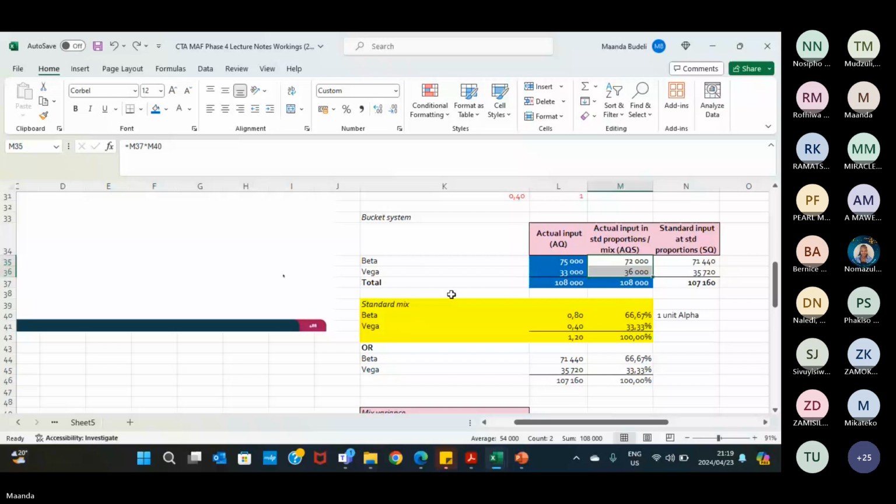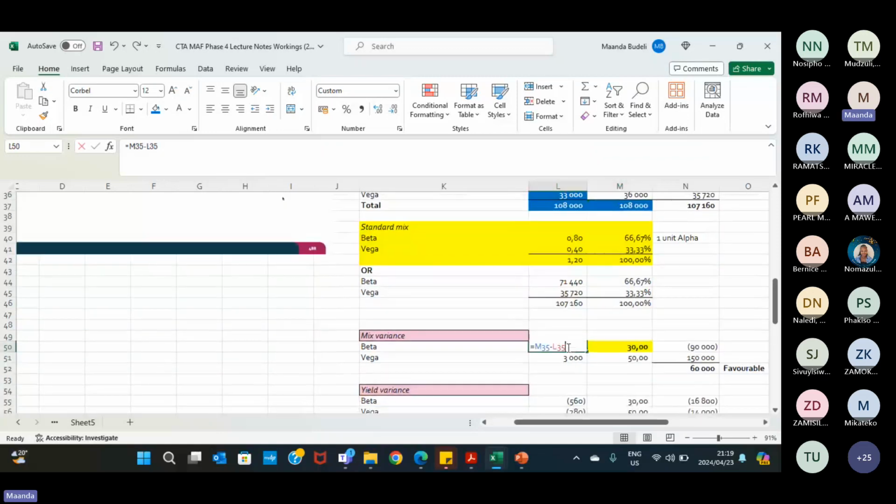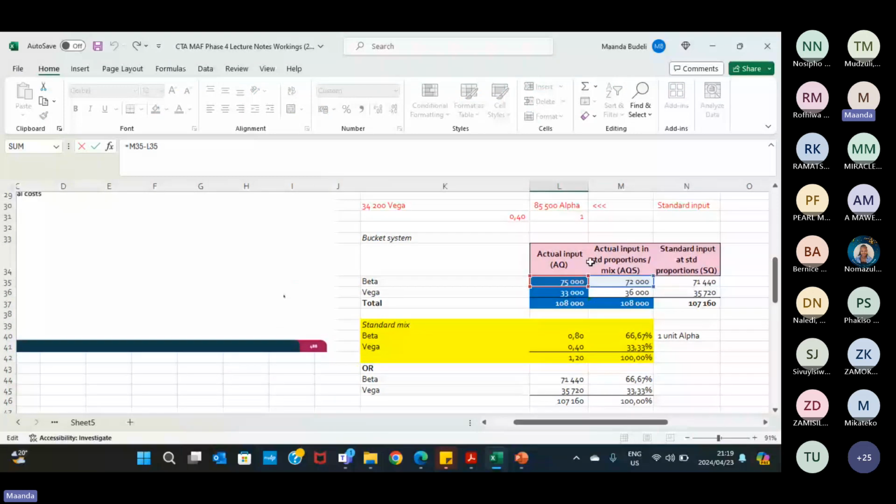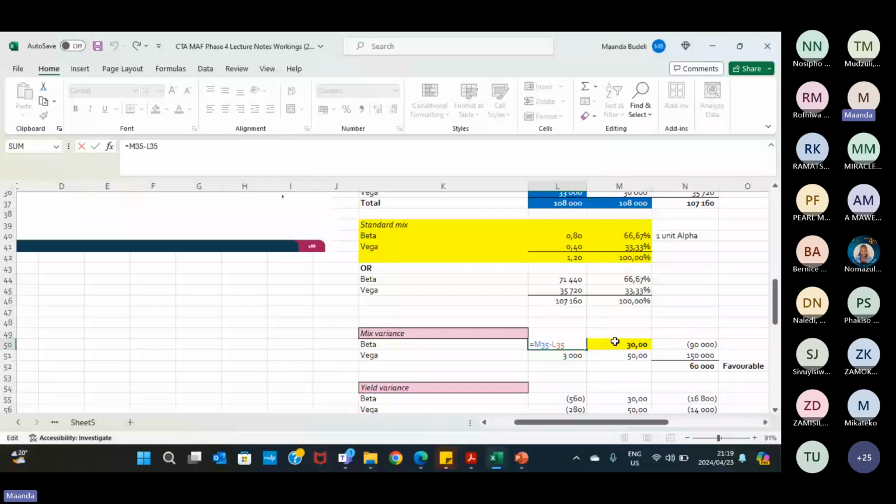Yes. So then I can compare the actual and the actual in standard proportion mix, and I multiply it by my standard price. So I can then say the 3,000 will be the 75 minus the 72 multiplied by the standard price, because remember we're doing a quantity variance.